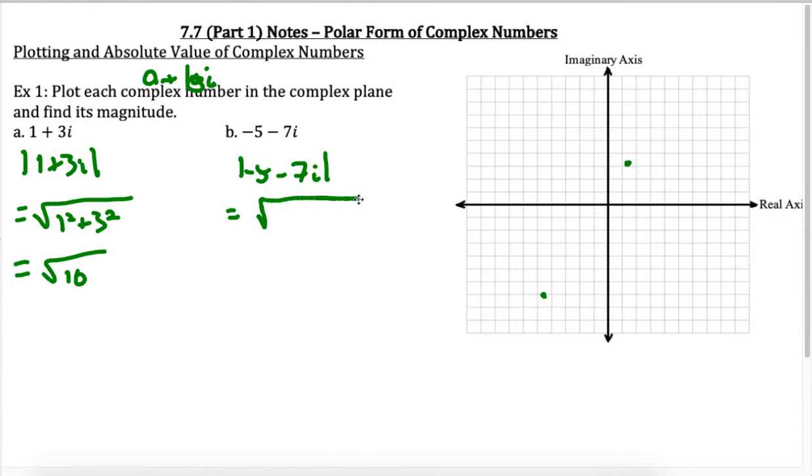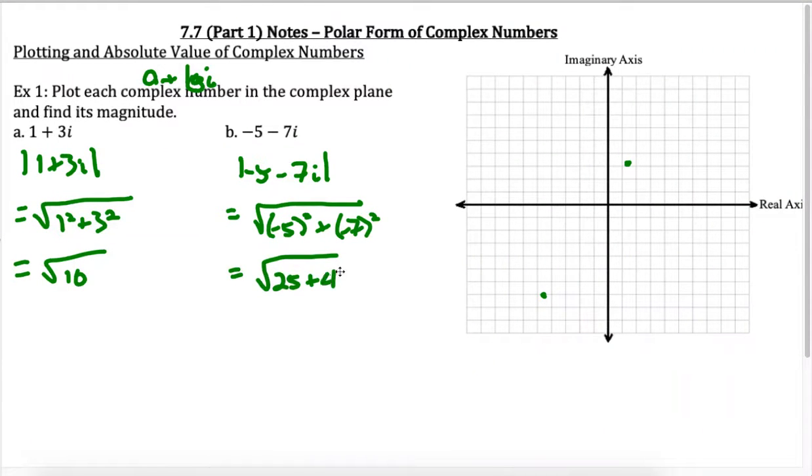All I'm doing is taking the square root of a squared plus b squared. So that'll be the square root of 25 plus 49, which would be the square root of 74. So that is the absolute value of a complex number.